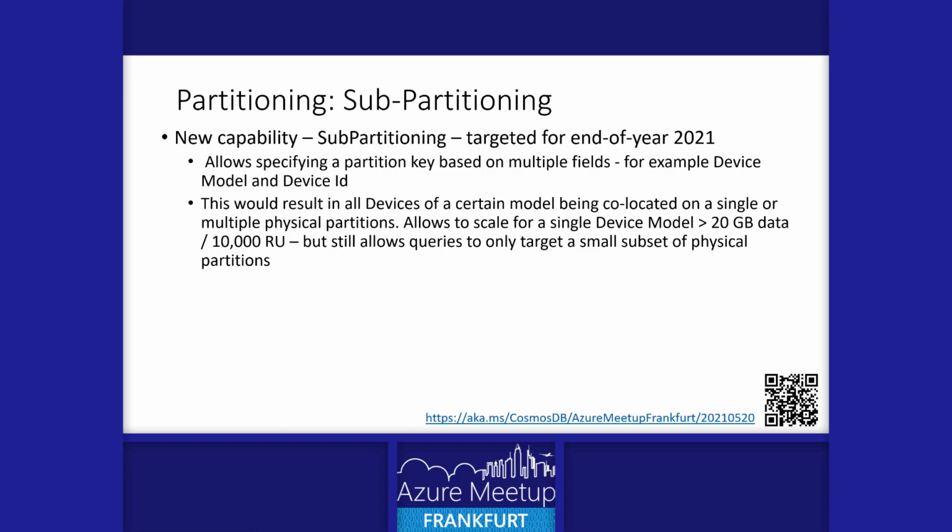But also device ID documents would be co-located on one or multiple physical partitions, because all the device IDs for a certain model would basically be co-located on a couple of physical partitions.